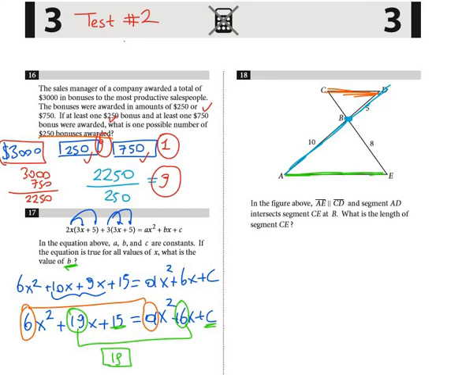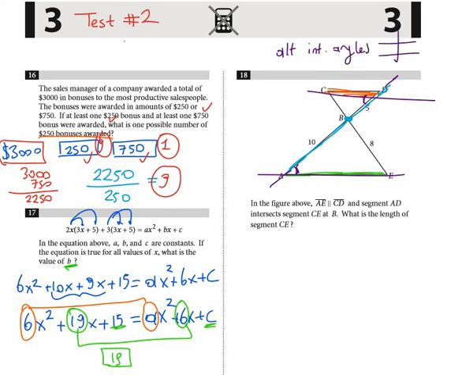We know that this orange line and green line are parallel, and a line is cutting these two parallel lines like a transversal. So we know that this angle here and this angle here are the same because of the alternate interior angles. Alternate interior angles are congruent.